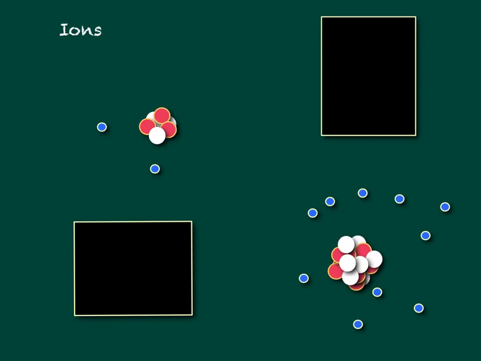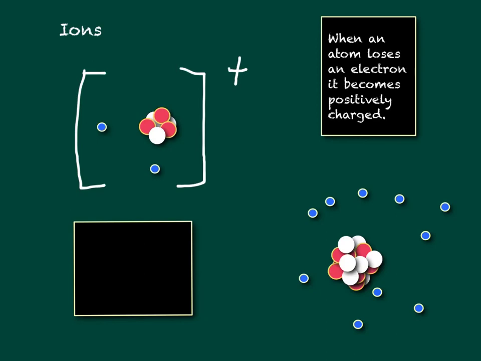If that happens, then overall the charge on this atom will be +1. So the overall charge on this atom will be 1 plus, and this thing here will be called a positive ion. So when an atom loses an electron, it becomes positively charged, a positive ion.